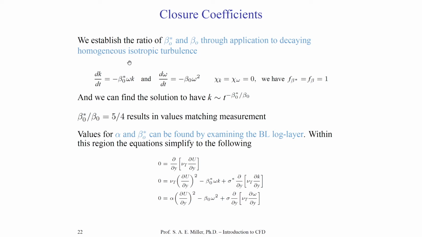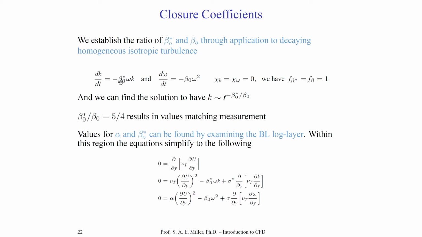For example, the time rate of change of turbulent kinetic energy at any point in the flow must be equal to, for high Reynolds number homogeneous isotropic turbulence, the negative coefficient beta naught star times omega k. A similar equation is written for omega. These other coefficients in the equations are set to 0 because they cannot be terms which have any physical meaning in this balanced flow field, where of course the rate of change of energy is equal to its specific dissipation.